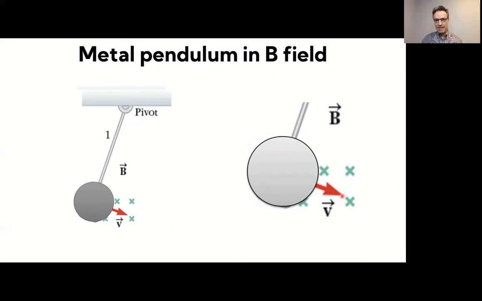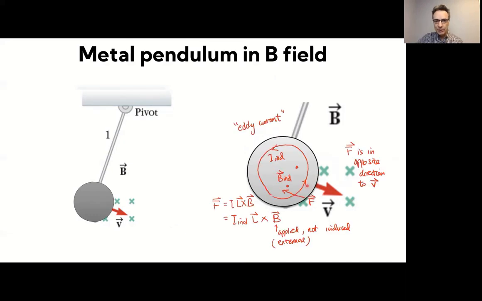V cross B essentially tells you that there will be a current flowing in the perpendicular direction, upward here. In this direction will be the current. There will be a force on that current. So now it's I cross B. If you calculate that, you actually find that that force is backwards.